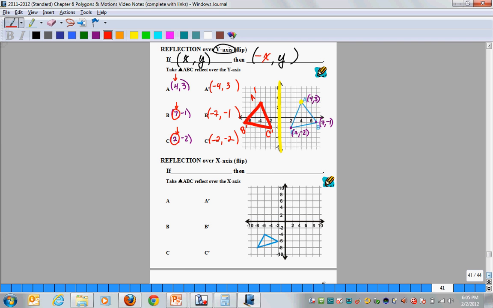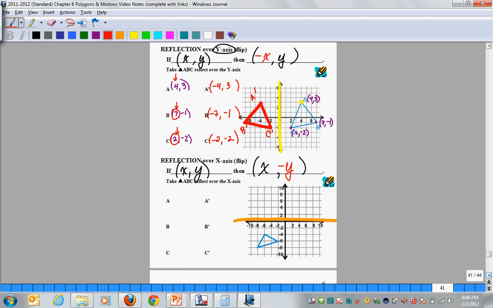You can also flip over the x-axis. And we noticed here that if we flip over the y, we opposite the x. If we have x and y and we want to flip over the x, we're going to opposite the y component.